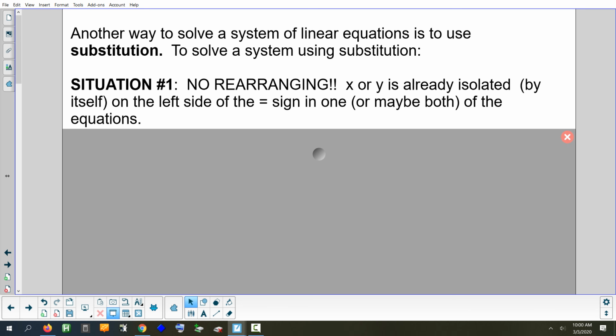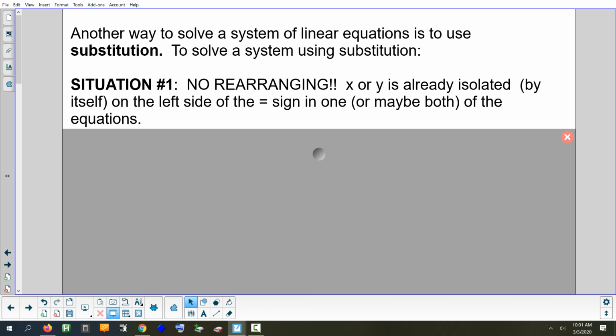Situation number 1, which is pretty much all we're going to do today. You'll do situation 2 tomorrow. But situation number 1 is when you don't have to move anything around. They give you an x or a y already by itself in one of the equations. Maybe both. Okay. But for situation 1, they have to give you an x or a y by itself in one of the equations.